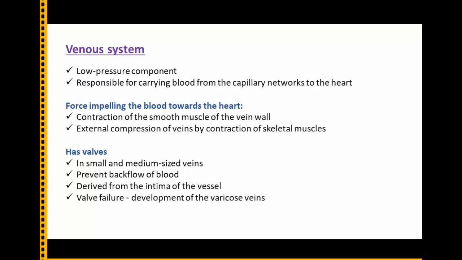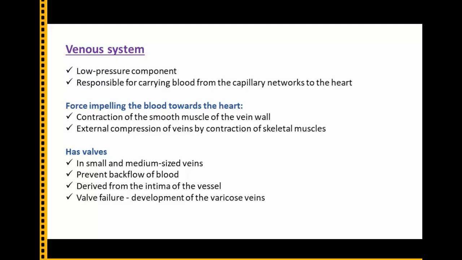Does the arterial system have valves? No. But the veins have valves. Why is that? That's right, to prevent blood flowing backward.